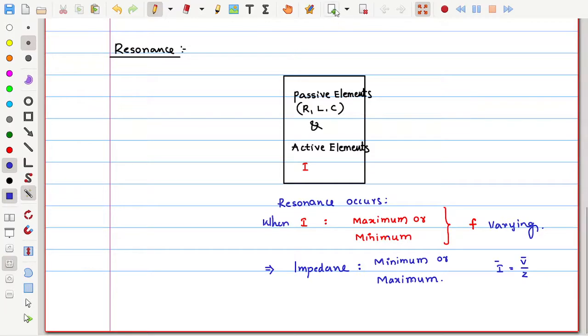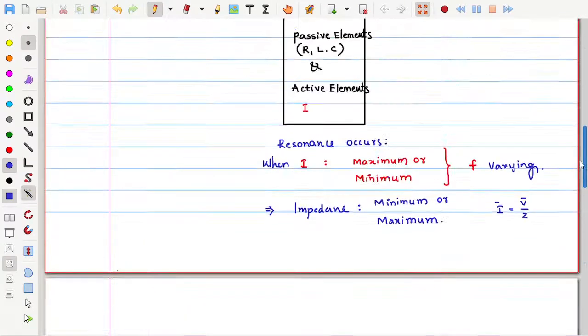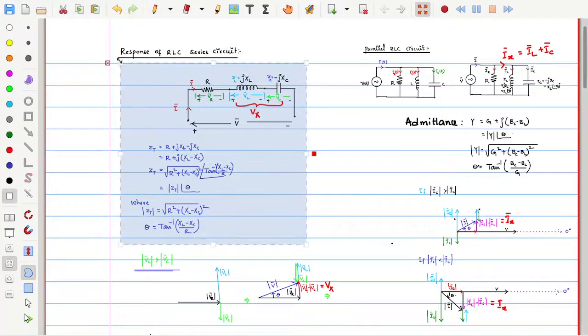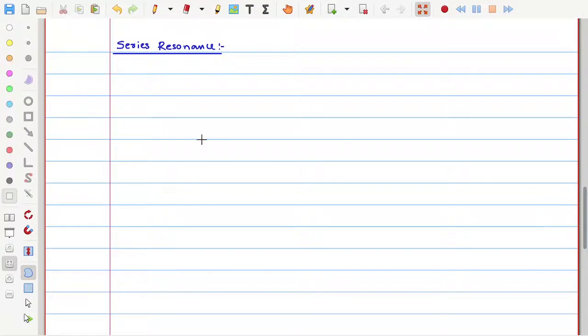Now let me take the series resonance concept. Let me take this series RLC circuit quickly, which we had discussed in the last session.